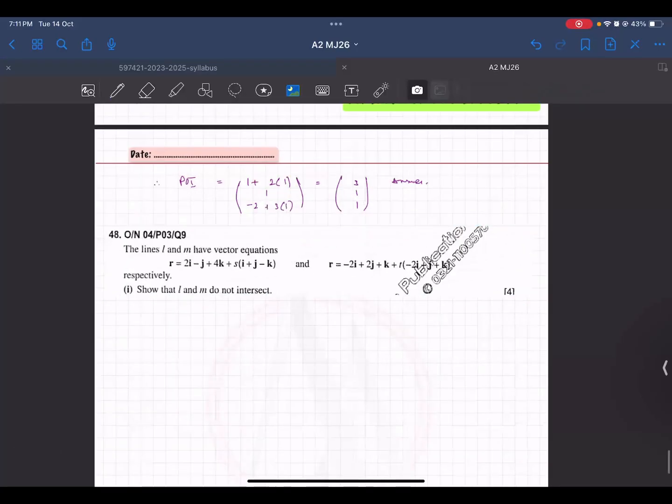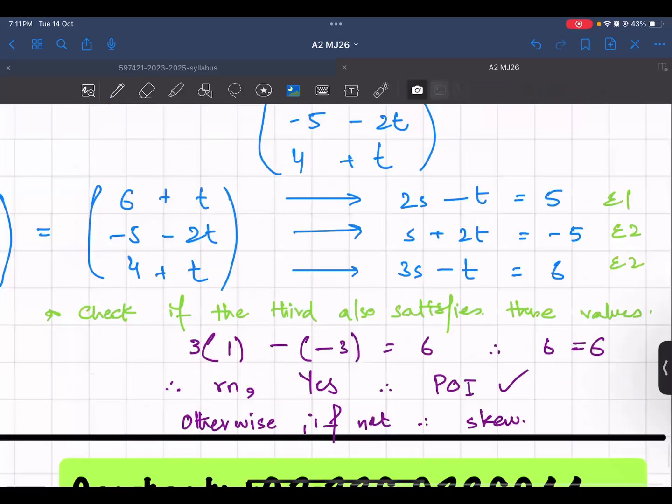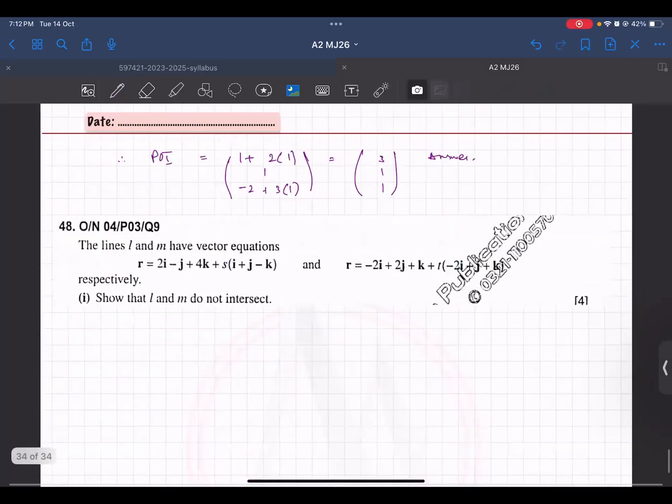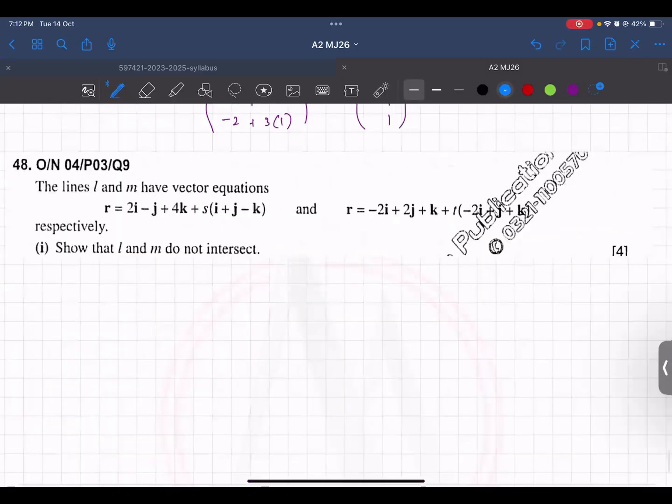So we would do the complete same thing, and at this step, we will see that the two values that we are getting will not satisfy the third equation, and that will show that they are not intersecting. So line 1 is 2 plus s, minus 1 plus s, and 4 minus s, and line 2 is minus 2 minus 2t, 2 plus t, and 1 plus t.